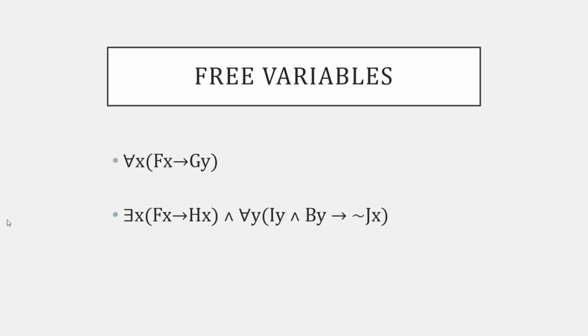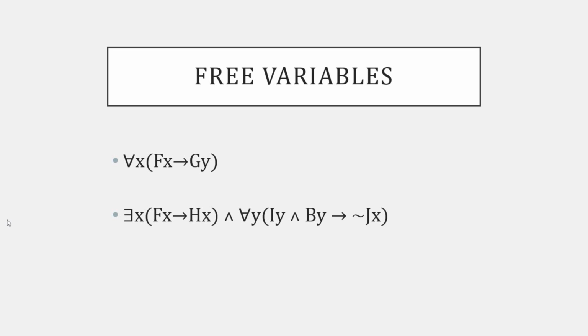Similarly down here, the left-hand side of this is perfectly fine. Both of our x's are bound to there exists an x. But on the right-hand side, we've got a not jx that is not bound to the scope of any quantifier. And you might be tempted to say, I've seen x before, that was in the first half of this thing, that's what I'll bind it to. But that's wrong, because the scope of this quantifier ended with the brackets.